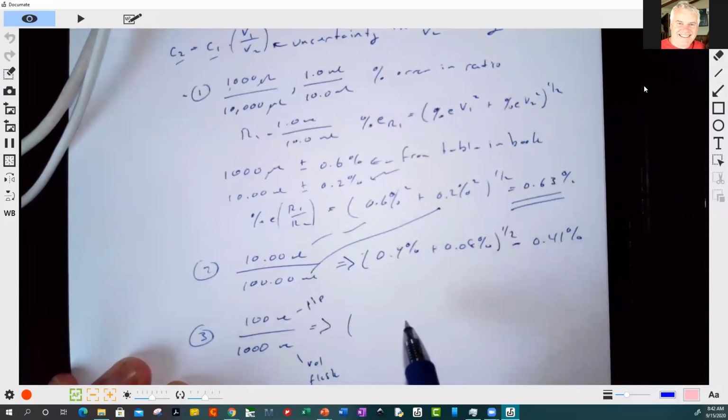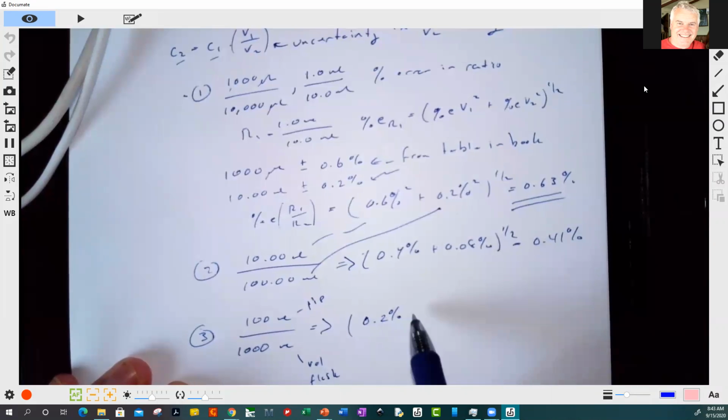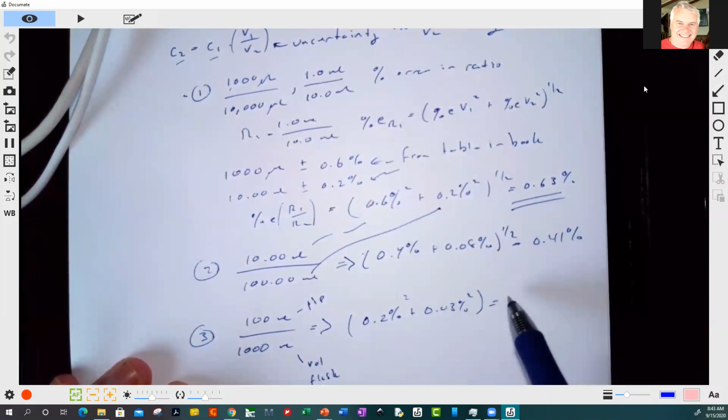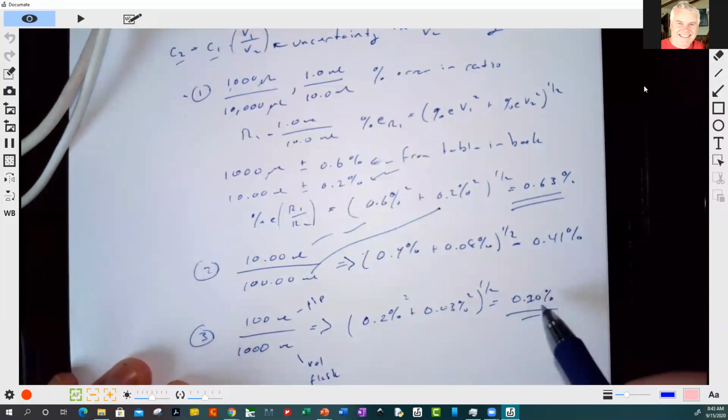This is going to be 0.2% squared plus 0.03% squared, which will equal about 0.2. This is once that's rooted, 0.20, right?